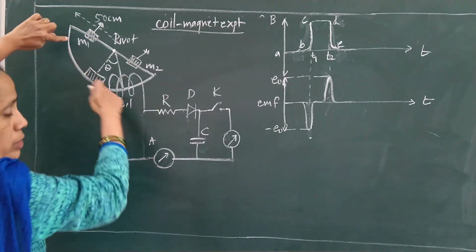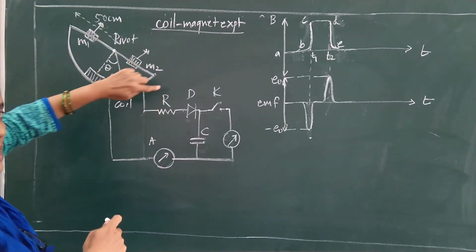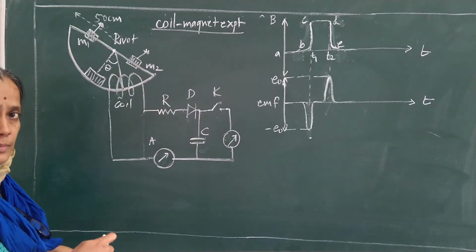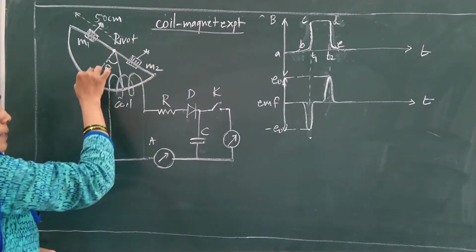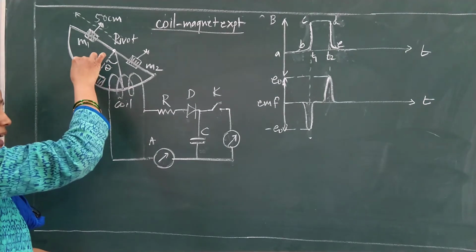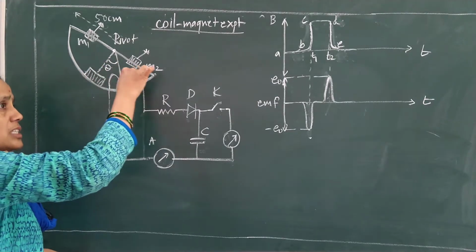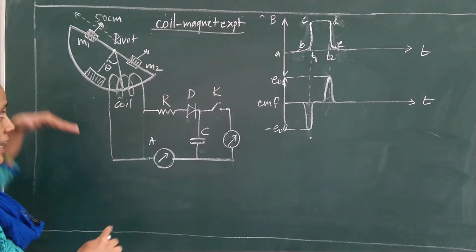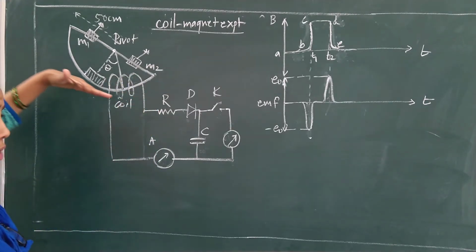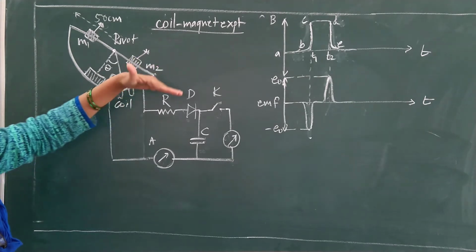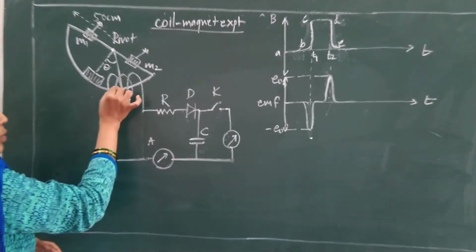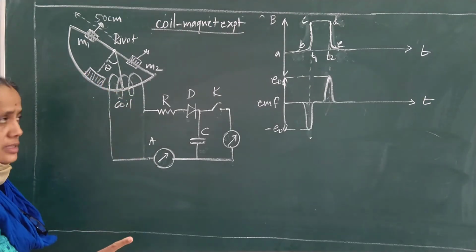Therefore, when I give oscillation to this semicircular arch, the magnet is set into motion. The magnet enters the coil. The coil has a larger area, so the magnet can safely go inside the coil and come out without disturbing it. This coil has 1000 turns.